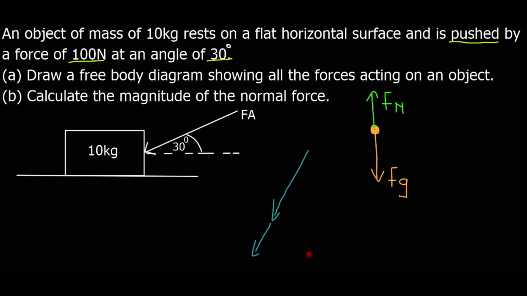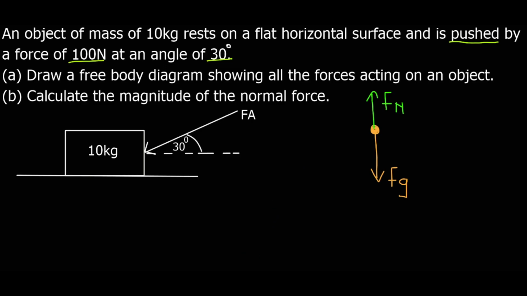When I push a wall, it doesn't mean the wall will go downwards. It will go in this direction. So if this is our surface, to create 90 degrees, we draw an upward line. That is why our normal force is upward.